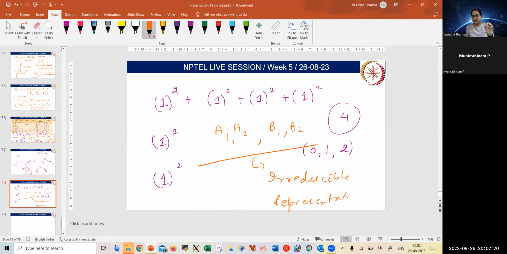For example, 4 can be cut down to 2 squared, which is 4, or 1 + 1 + 2, which is 4. So one number can be further reduced to some other numbers. But 1 can't be further broken into any other number. This is how you can understand what is reducible and what is irreducible. 4 can be reduced to other numbers, but 1 can't be.